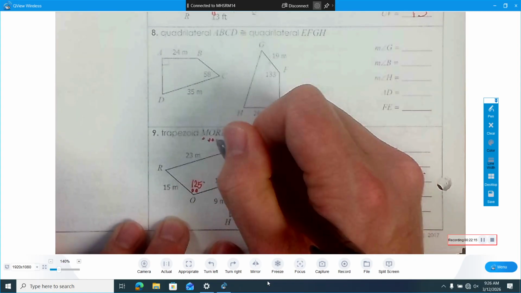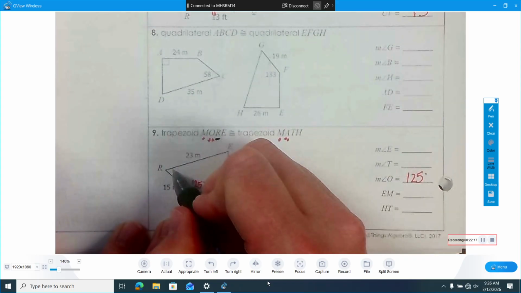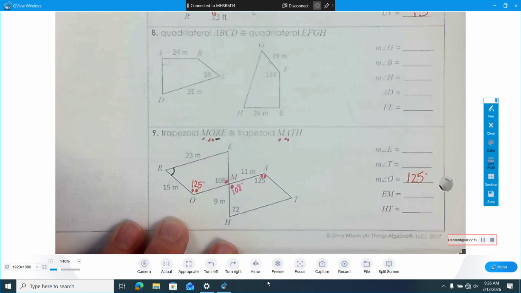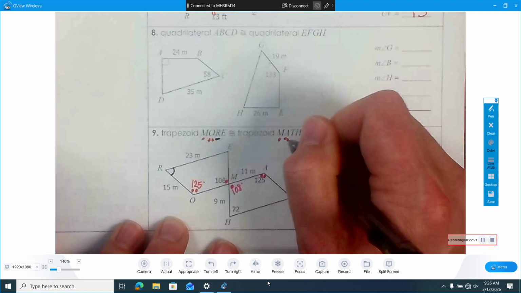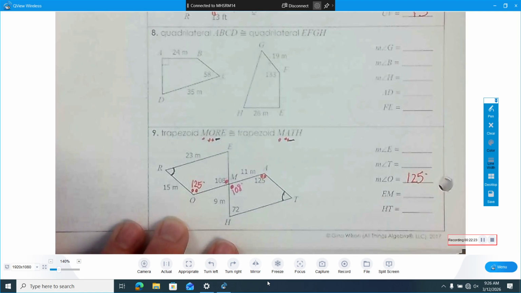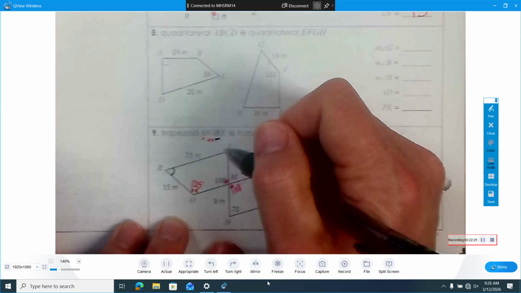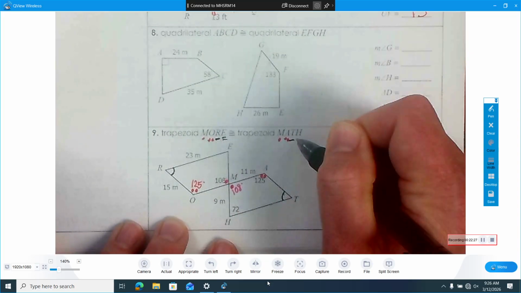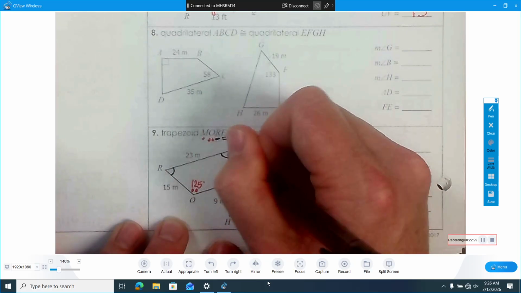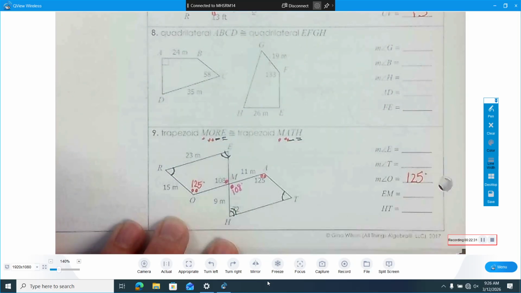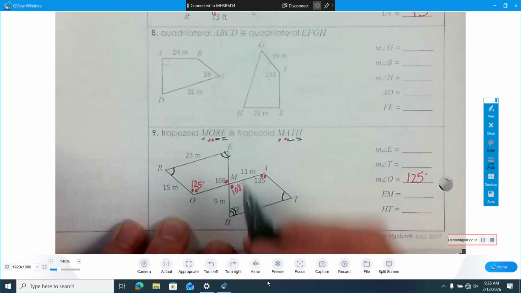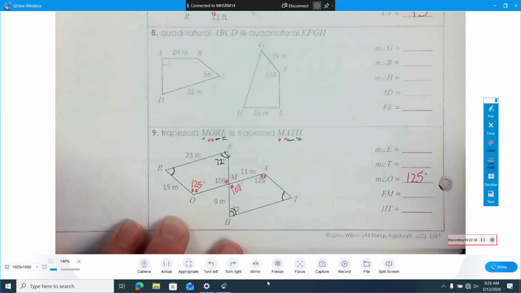All right, angle R corresponds with T. All right. And then last we have angle E corresponds with angle H. So E corresponds with H. If H is 72, what's E? Also 72. All right, so E is also 72.